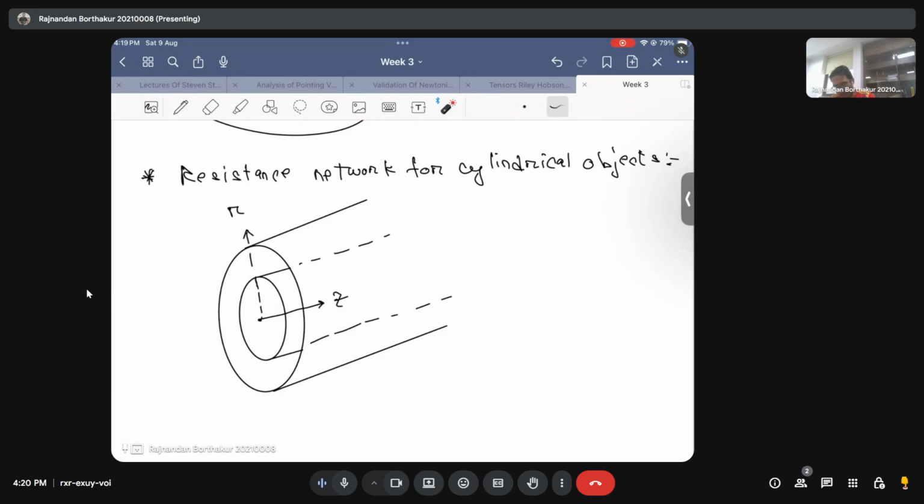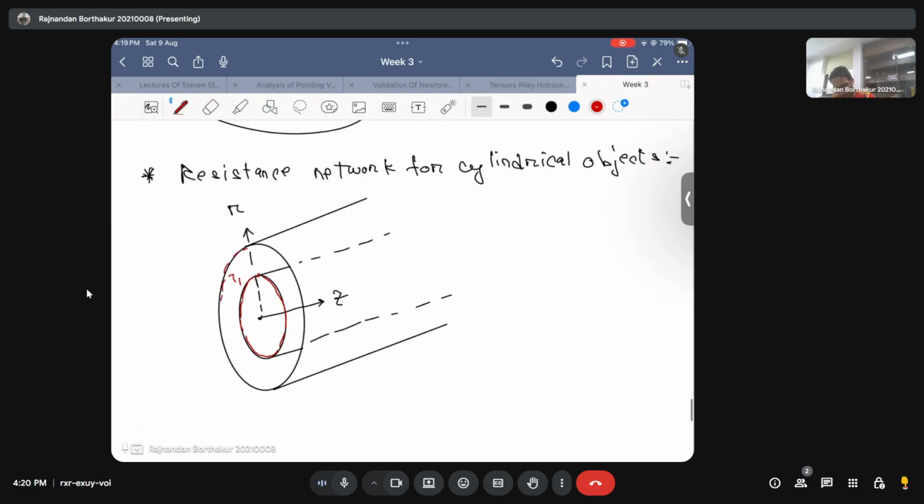Now I say that the inner face of this hollow cylinder is at a temperature T1, the outer face of the cylinder is at a temperature T2, and the inner radius is equal to Ri, while the outer radius is equal to R0, and the length of the cylinder of interest, I call it L.